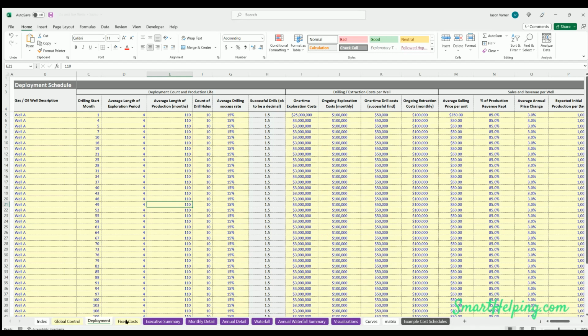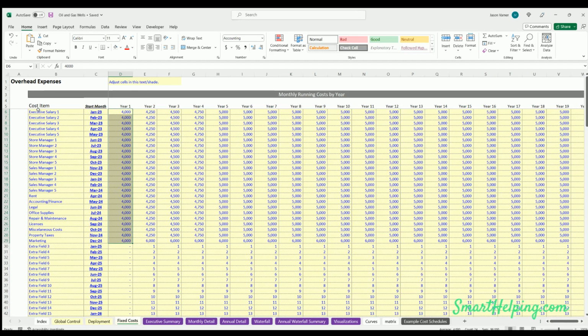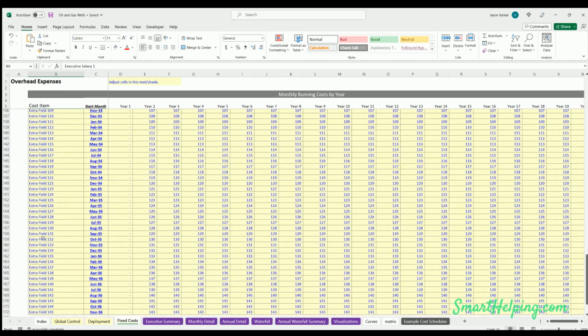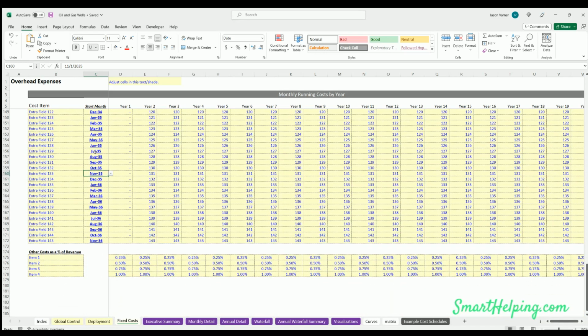All right, so once you fill that out, we've also got some fixed costs here. This is to define running costs for an executive team, managers, any fixed costs over the 20-year period. You can put in the cost description, and there are a lot of slots here. You can put in the start month that each cost starts and what that monthly cost is over the period.